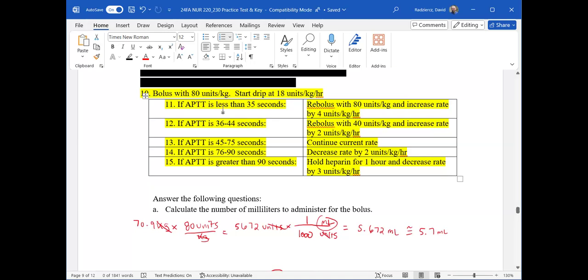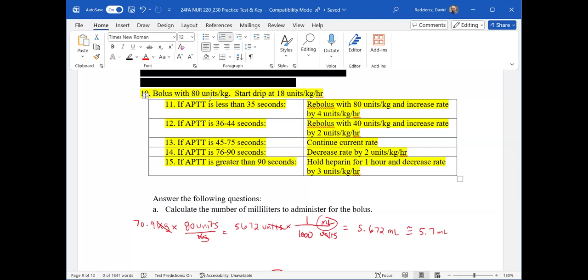So let's say you have an APTT that's less than 35 seconds. They're clotting too quickly. Okay. We're going to rebolus. So same amount, 80 units per kilogram. And then we're going to increase the infusion rate. So they've already been bolused 6 hours prior. They were already on 18 units per kilogram per hour.